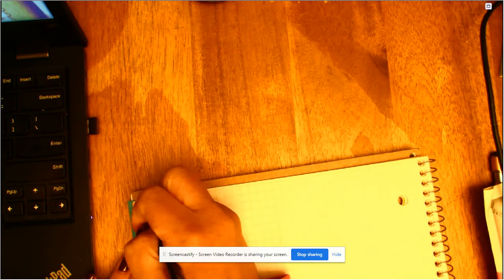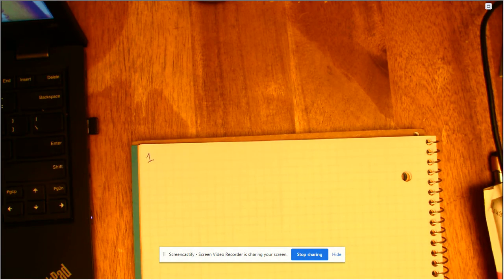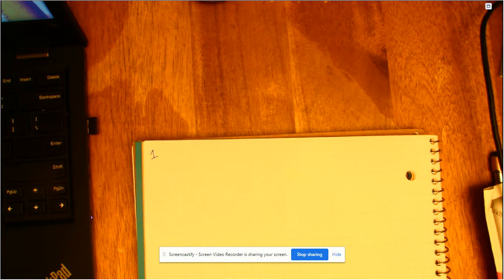So when I go to this next page, I'm going to label that page number 1. I'm just going to put that number in the corner. This will be page number 2, and I will just continue on labeling throughout the book. And that is how you're going to set up your paper math interactive notebook.